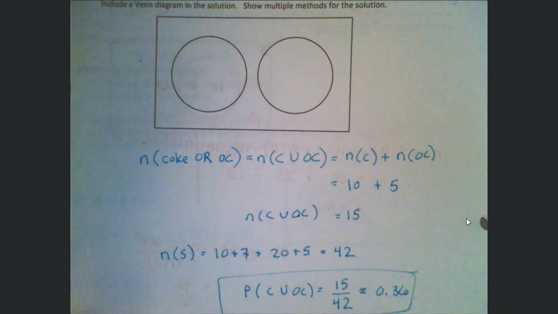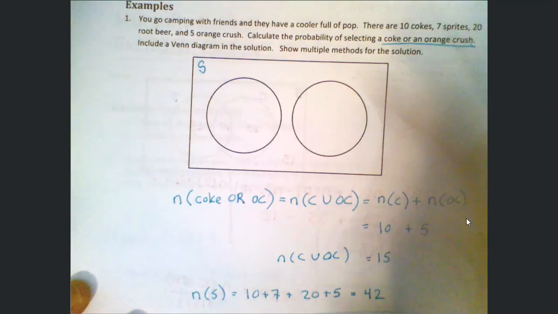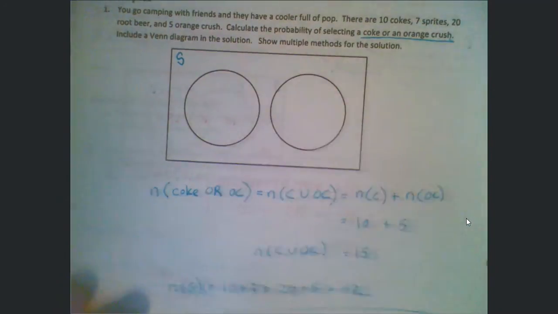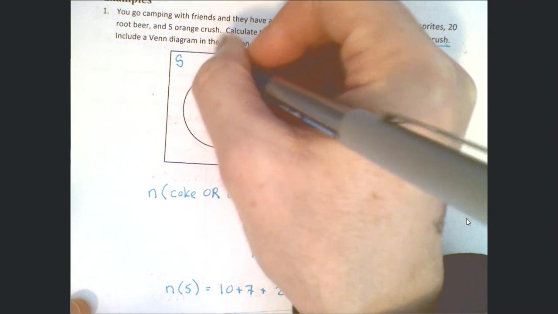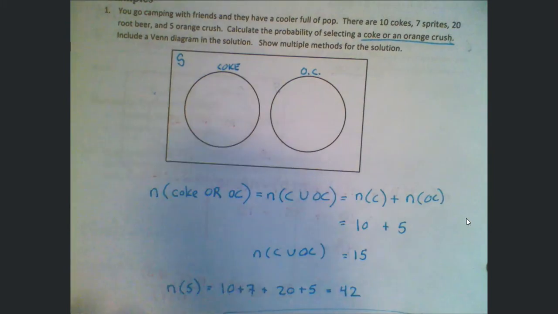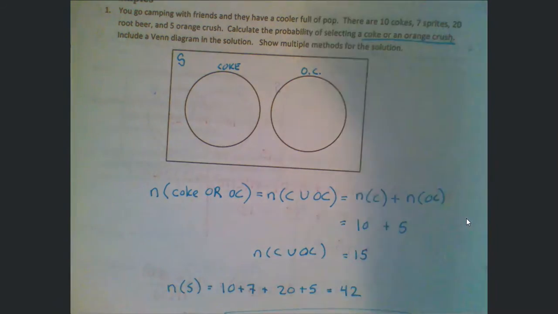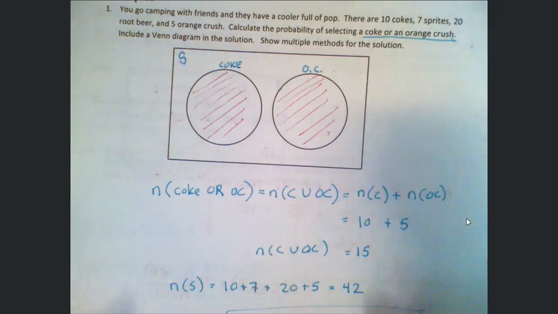How can we visualize this with the Venn diagram? Well, we could say the universal set is the set of all drinks that are in this cooler, which we know is 42 in total. We could say that one of these sets is the Coke, and the other set is the Orange Crush. The union of these two things would be however many of these there are, plus those.